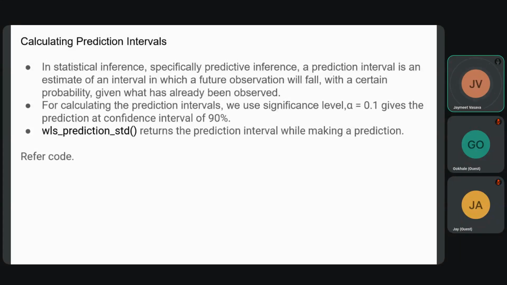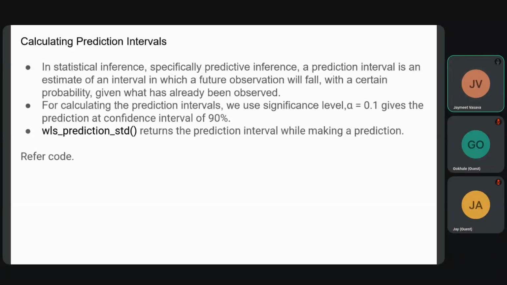Now, calculating the prediction intervals. We have been predicting the value, but sometimes we need to predict in which interval a particular observation will fall. This is done with the help of probability, and as we are using probability, we'll be using an alpha value, or the significance level.